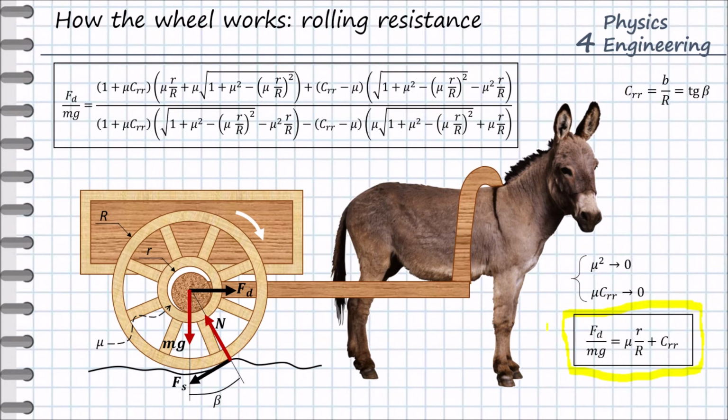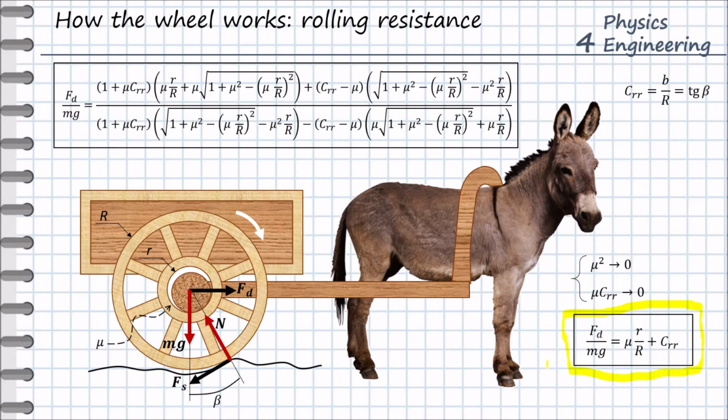So this means that for the condition when our friction between the shaft and wheel is a small value and also our rolling resistance is a small value, then our complete resistance to the motion is the result of the rolling resistance coefficient coming from the friction between the axle and wheel plus the rolling resistance coming from the road or wheel deformation in the contact between the wheel and the road.